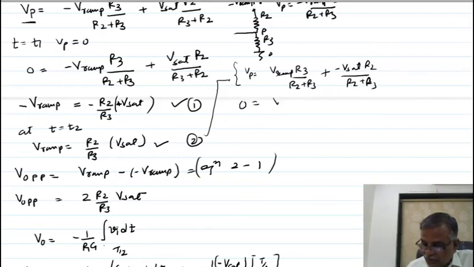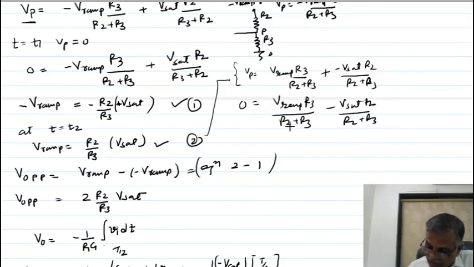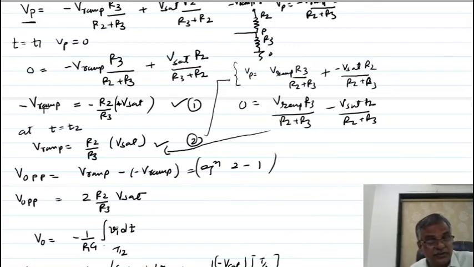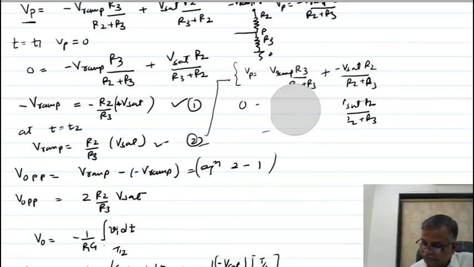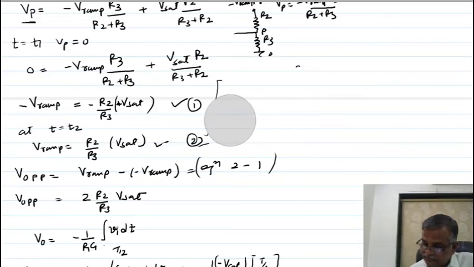Put this as 0: V ramp R3 upon R2 plus R3 minus V set R2 upon R2 plus R3. So you will get this equation. Here I want to find minus V ramp, that's why I have kept the minus sign here. Here I want to find plus, so I can get this equation. I think you understand. So in this way you can find plus V ramp and minus V ramp.